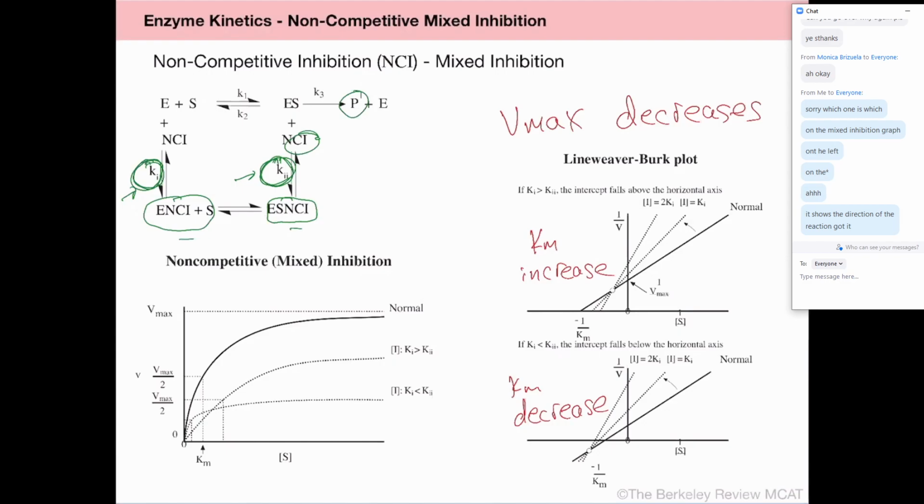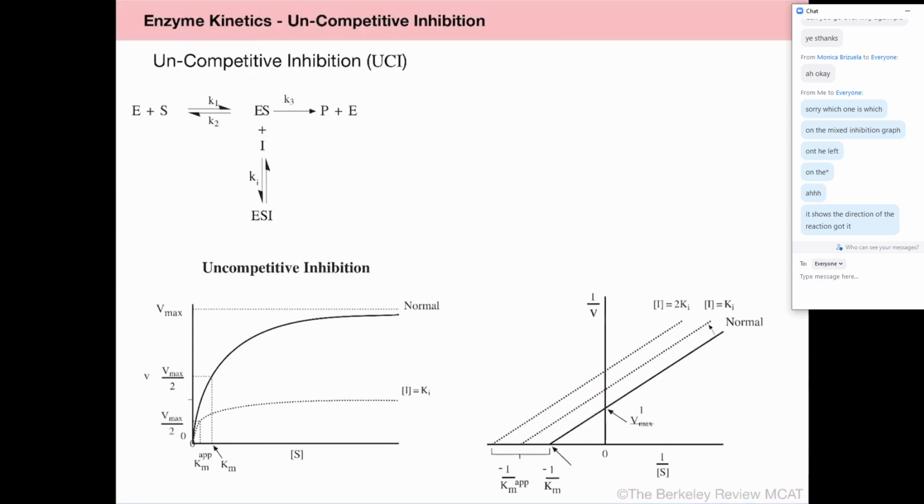Okay, now let's talk about the last one, which is an uncompetitive inhibitor. These are inhibitors that will bind to the enzyme substrate complex, and again, prevent product formation, but it'll bind specifically to the enzyme substrate complex.